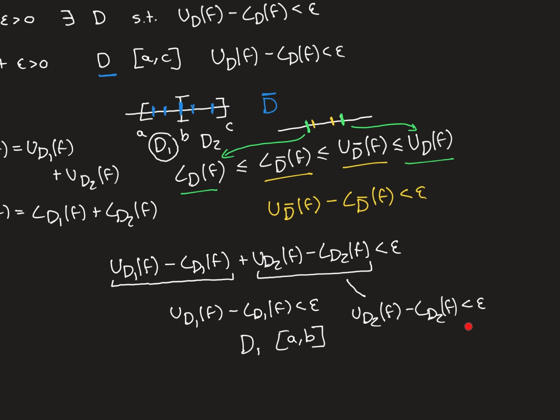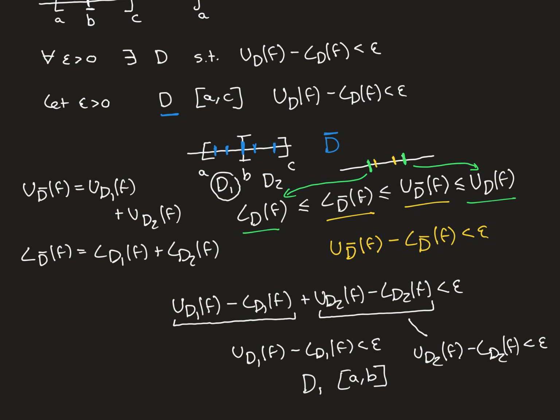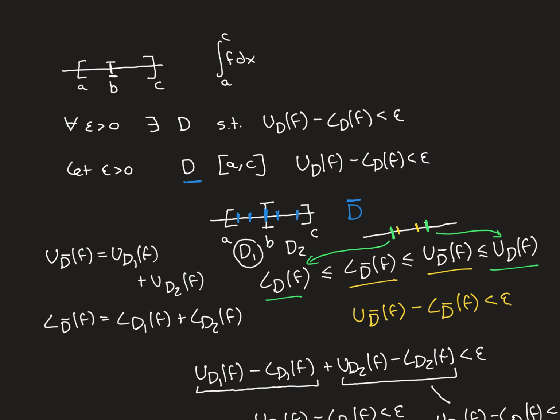And you could have done this argument for whatever epsilon you like. So in this way, with whatever epsilon I like, I can construct dissections of the interval AB and the interval BC such that these inequalities are satisfied, and since it holds true for any epsilon greater than 0, I can hence conclude that for all epsilon greater than 0, there will exist dissections of these intervals AB and BC such that the difference between the upper and lower Riemann sums is less than epsilon.